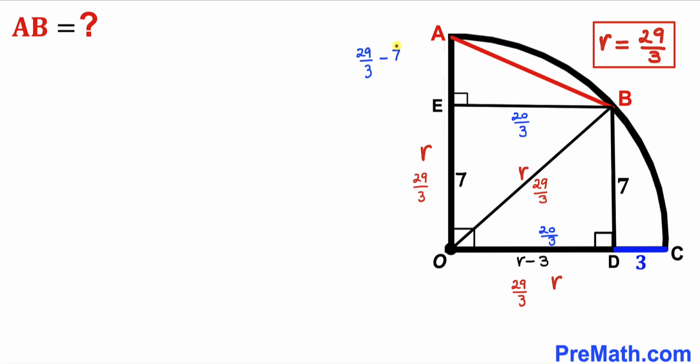And now we are going to tweak this 7. 7 could be written as 21 divided by 3, as you can see in this next step. And now let's simplify. That is going to give us 29 minus 21 divided by 3, and that is going to give us 8 divided by 3 units. So therefore our AE length turns out to be 8 divided by 3 units.